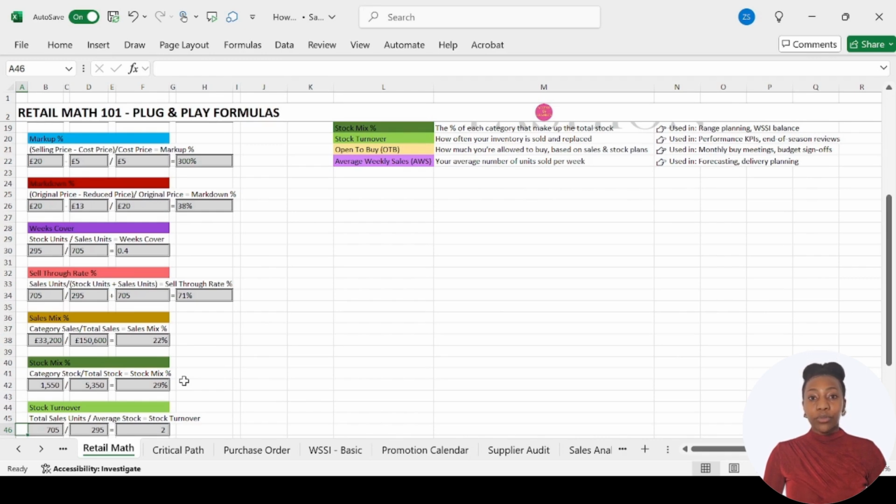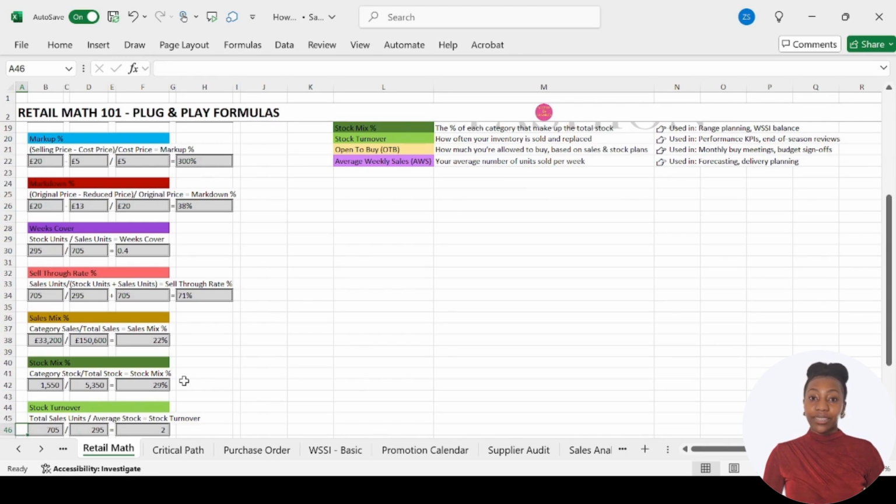So we don't want too much volume behind low priced styles or categories, and we want something to have a high sales mix. Obviously everything can't be the biggest sales mix, but we want things to have healthy sales mix in comparison to their stock mix.